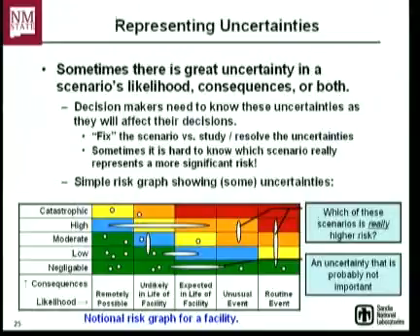On the bottom row here, we have something that is very uncertain as far as its likelihood, but really it's not an important uncertainty because it doesn't really affect risk. So while we don't know the likelihood of that scenario very well, it really doesn't matter.